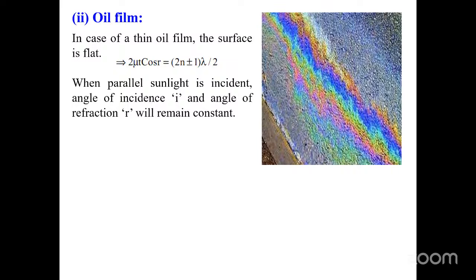Whenever you travel on the road, there you can easily observe how the colors form, if any water droplets are on petrol or diesel. This type of colors can be observed. So this is a thin oily film.